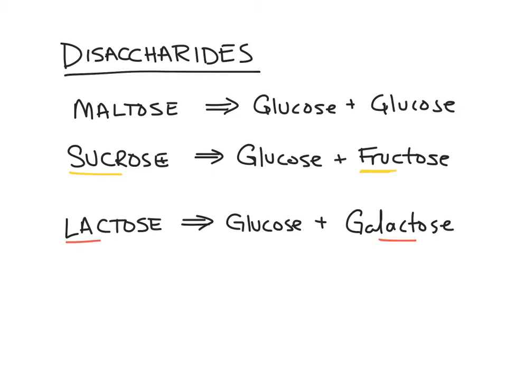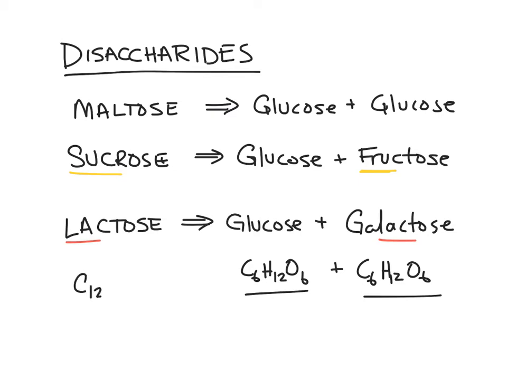Remember, all of the monomers are C6H12O6. If I wrote it as this, you wouldn't be able to tell what was produced, because you don't know if it's glucose or galactose, because they're isomers of each other, correct? So lactose, sucrose, and maltose all have the same chemical formula, and that would be C12H22O11.